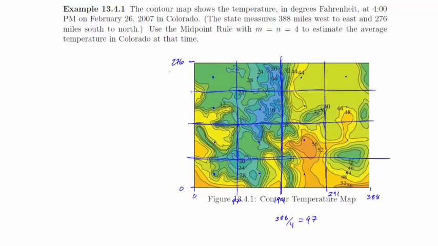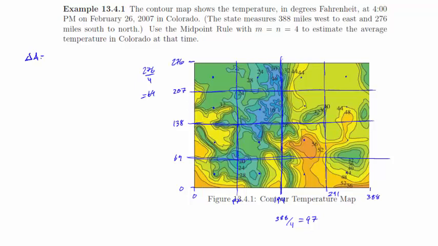And 276 divided by 4 is 69. So we've got 69, 138, 207, and 69 again would give me 276. Great.